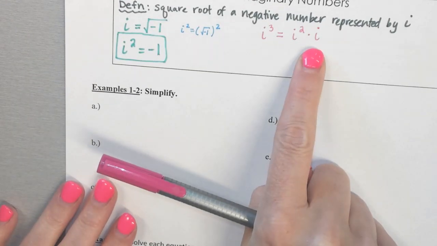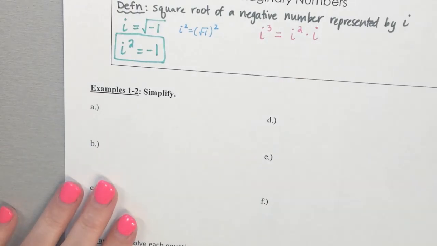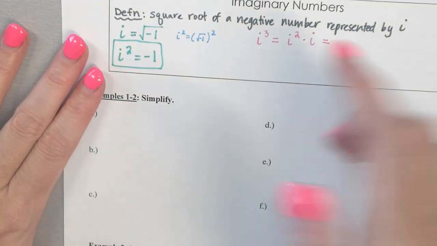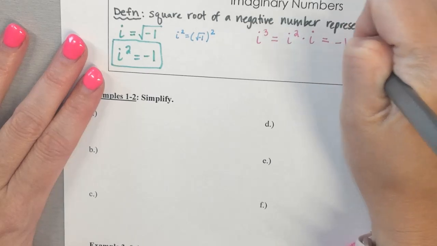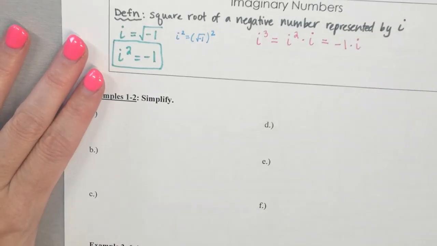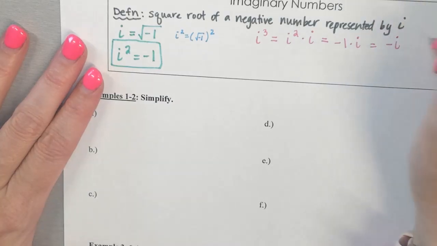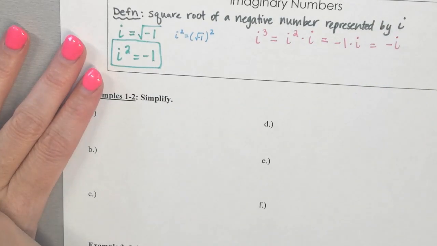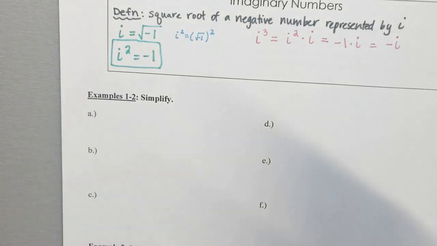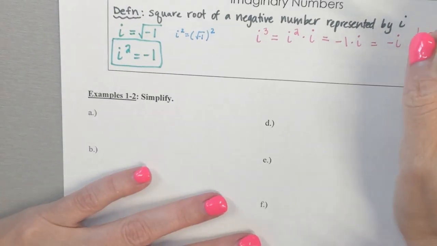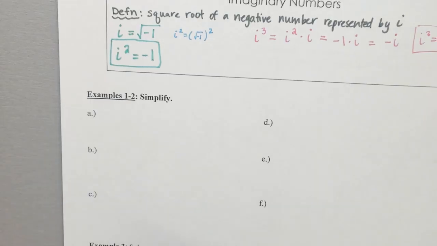The reason why we want to think of it like that is because now that we know that i squared is negative 1, we can substitute that in. So you could write it as negative 1i, or you could just write it as negative i. So i cubed is equal to negative i. That's another one of your properties.